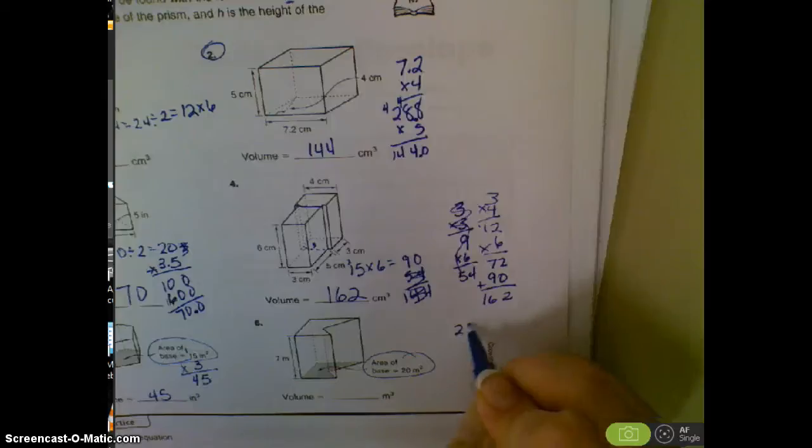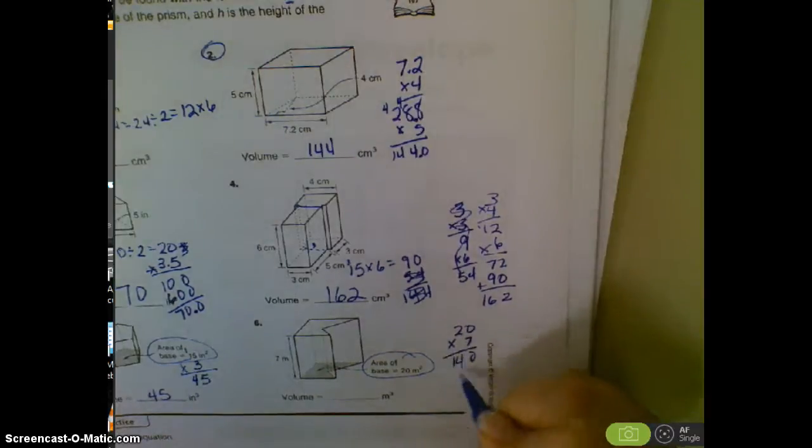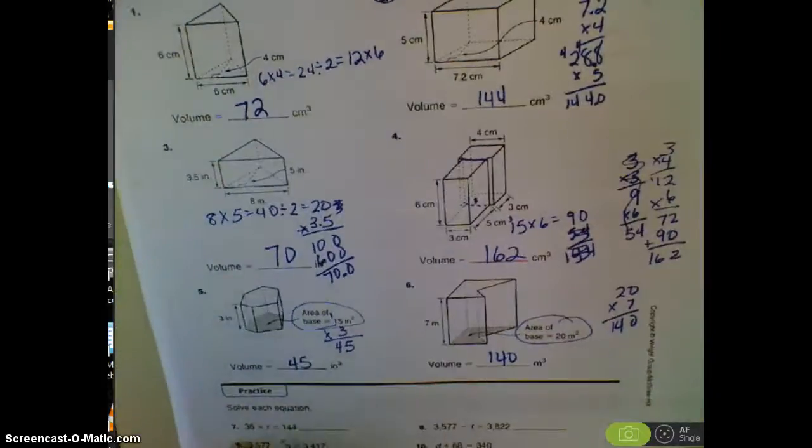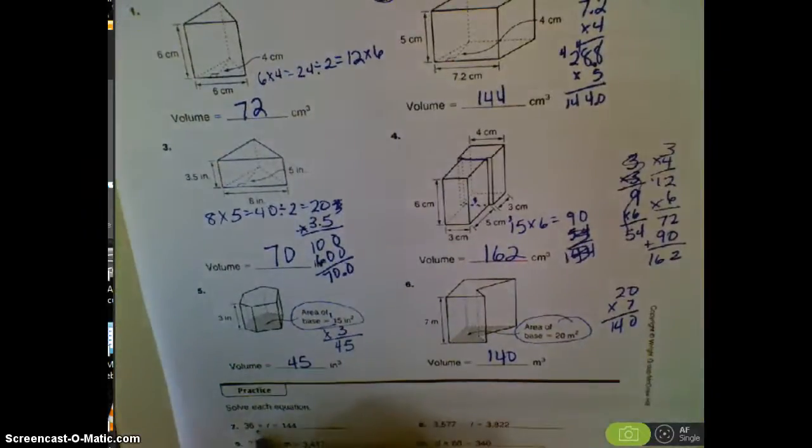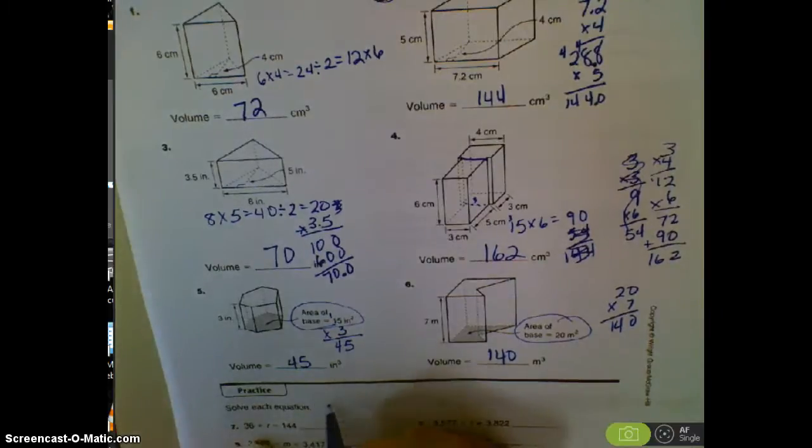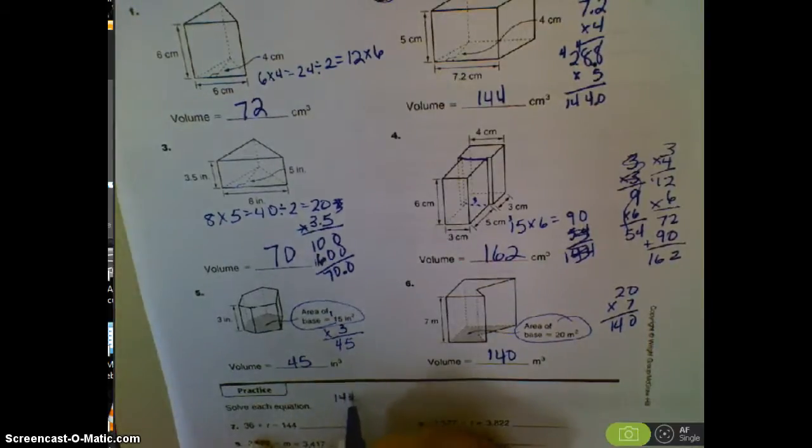So we'll take that 20, multiply it times its height of 7, and we get 140 for this one. And then this part right here, you're solving for r, so we're going to do the opposite. We'll take 144 and we're going to divide it by 36. Maybe we'll do it this way.